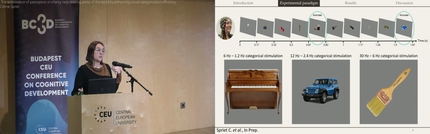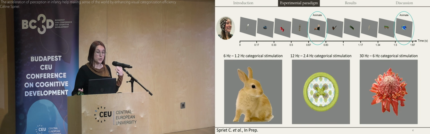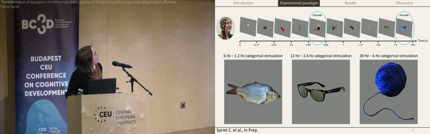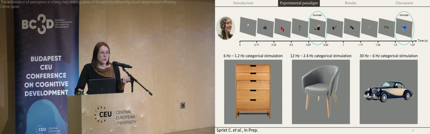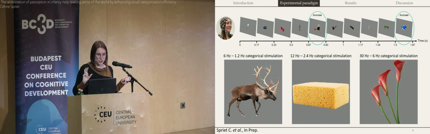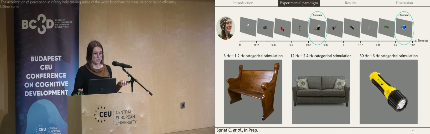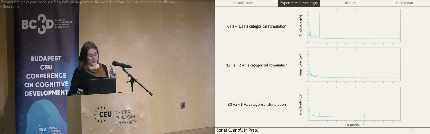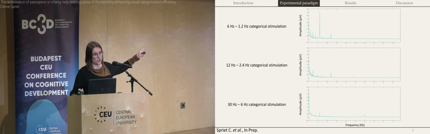Now, simply because the participants are looking at the streams of images, as we already know, we would have a synchronization of their brain activation towards the frequency of the presentation of the images. And so this is what we see here with the 6 Hz presentation, 12 Hz presentation, and 30 Hz presentation.